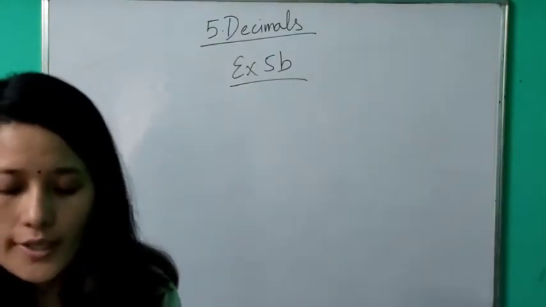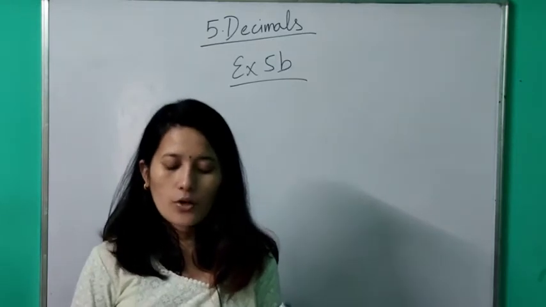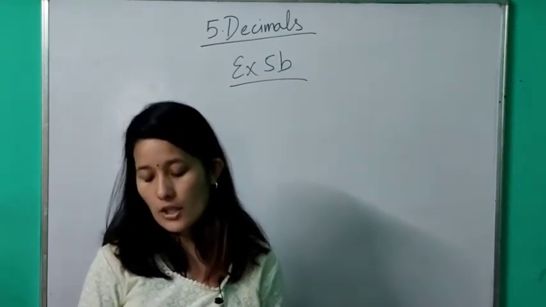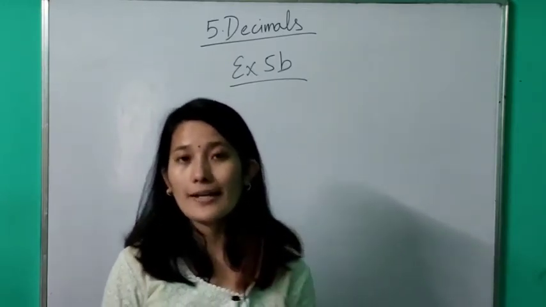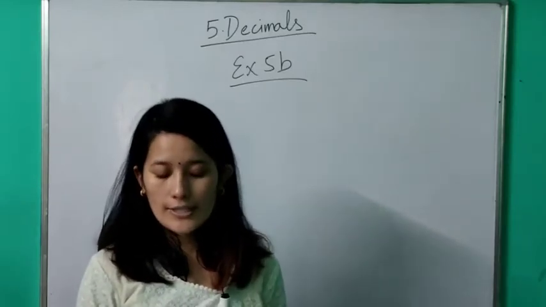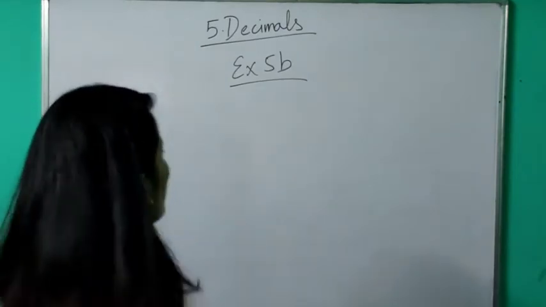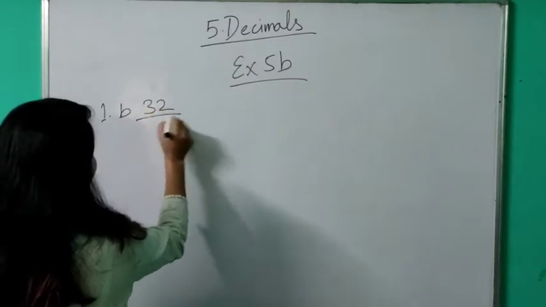Everyone go to exercise 5B, question number 1. Question number 1 says convert the fractions into decimals. If you look at the questions, they are given as decimal fractions. Let's take question number 1B, 32 by 100.